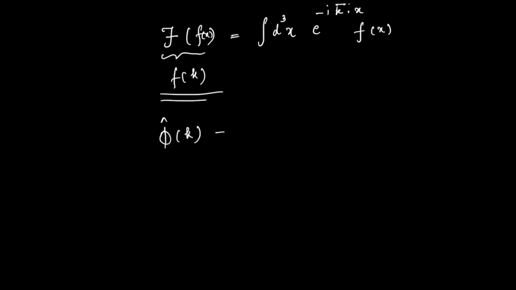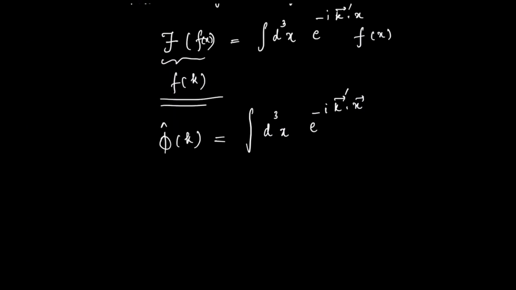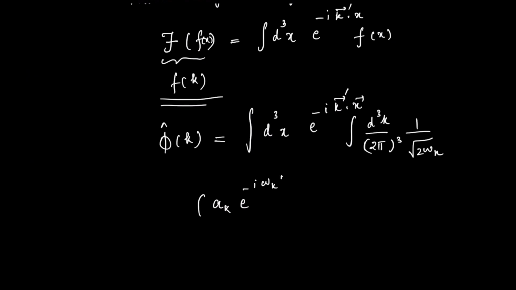Okay, so phi of k will be integral d cube x e raised to minus i k prime dot x multiplied by f of x. f of x is here phi of x. So phi of x is integral d cube k by 2 pi cube, 1 by root of 2 omega k, a_k e raised to minus i omega_k t plus i k x.